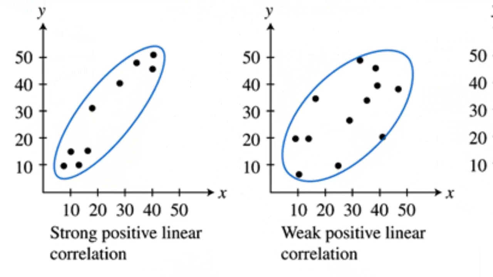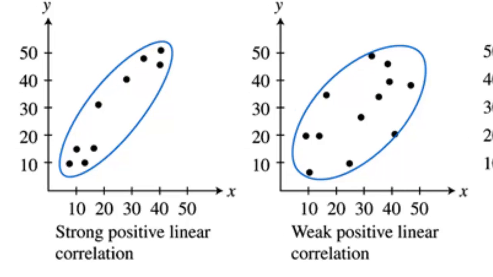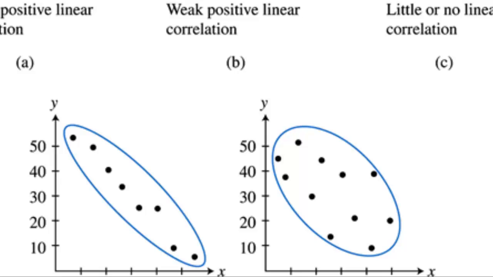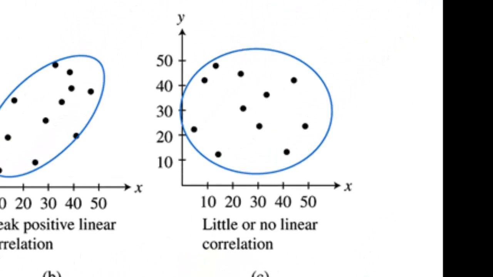When the oval tilts like a line with a positive slope, the data have a positive linear correlation. If it tilts like a line with negative slope, the data have a negative linear correlation. And some scatter plots have little or no linear correlation.